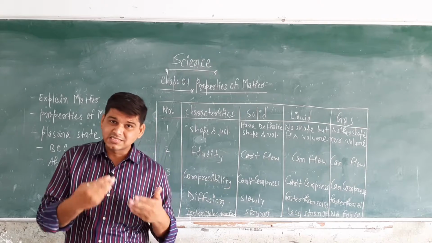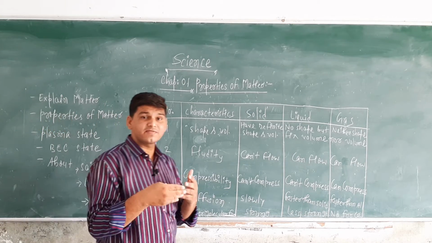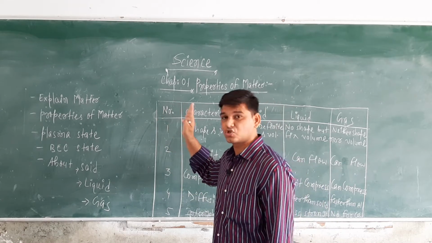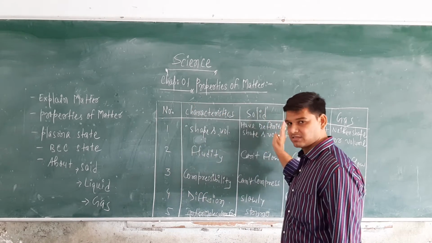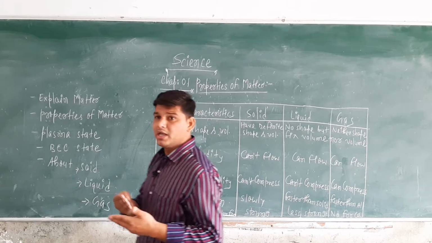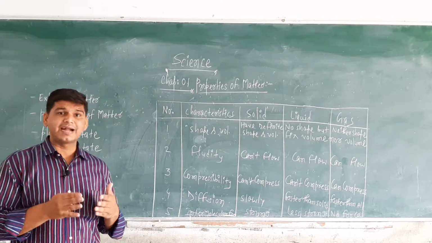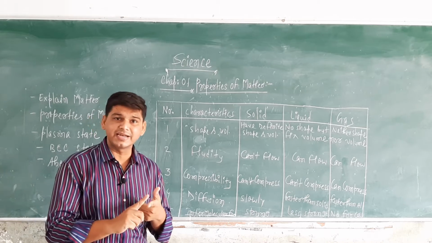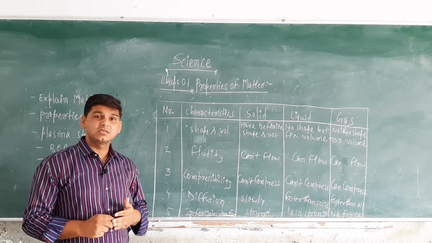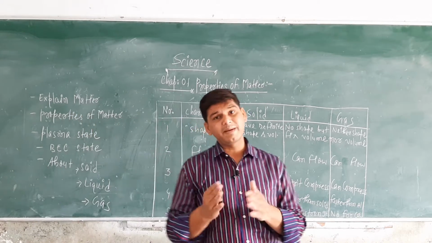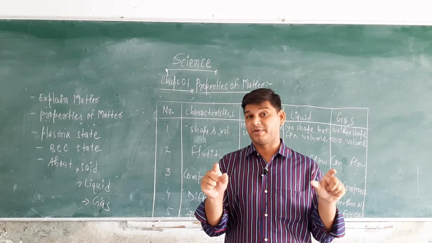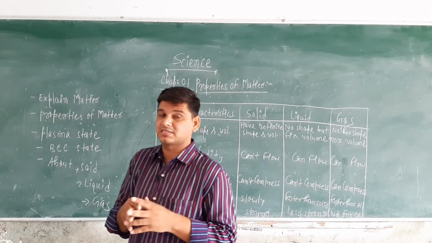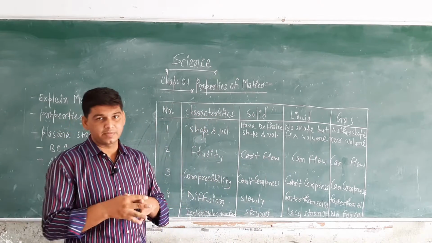Now, when we classify matter on the basis of physical properties, it is divided into three main forms, which are solid, liquid and gas, right? As well as when you classify matter according to chemical properties, we consider molecules as a part of the reactants and the products.